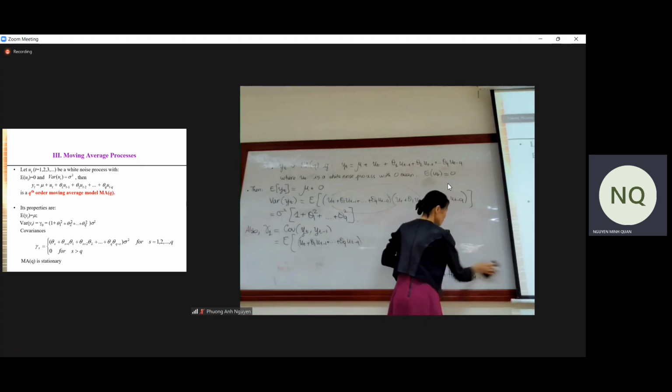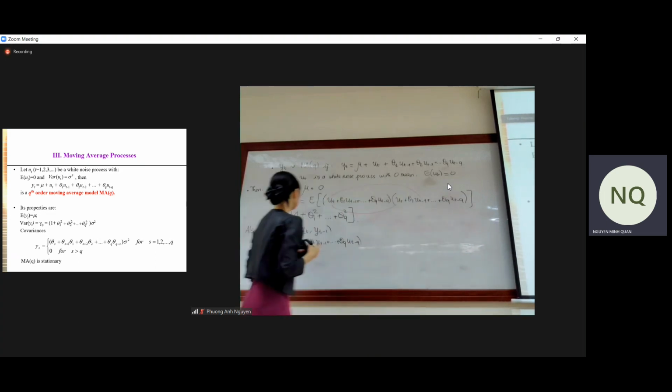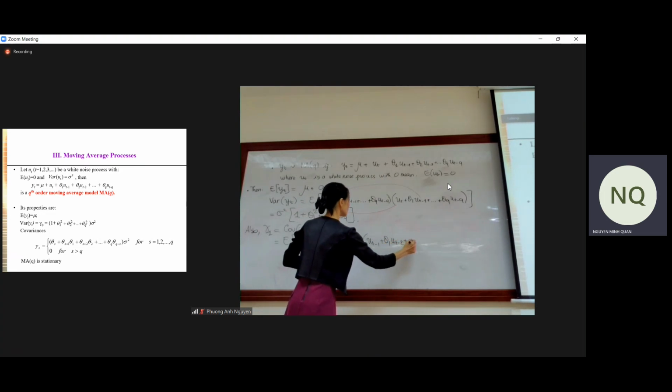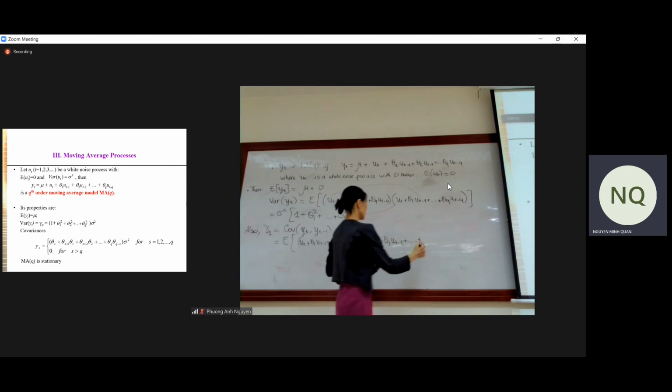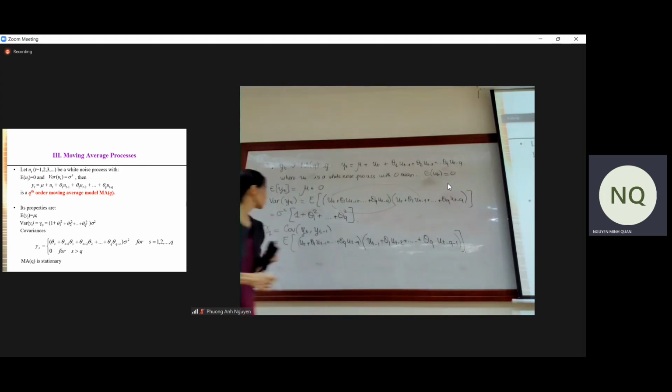So whenever we have t, you replace it with t minus 1, or t plus 1. Okay, now theta 1, theta Q, u_{t-Q-1}.